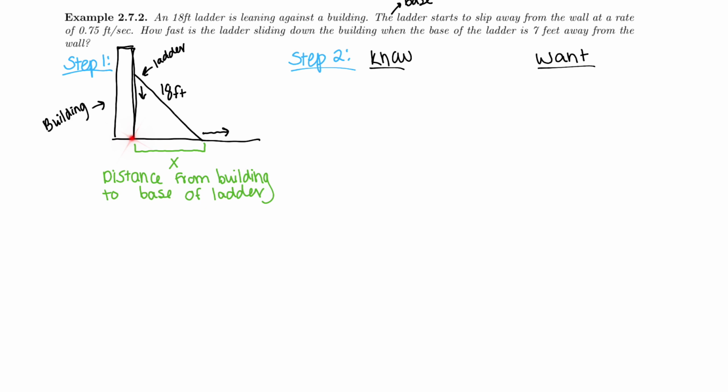And we know that this distance is increasing because the wall is slipping away at a rate of 0.75 feet per second, which means that this distance right here is increasing at a rate of 0.75 feet per second.